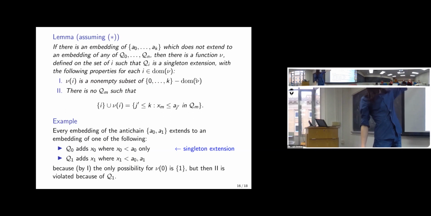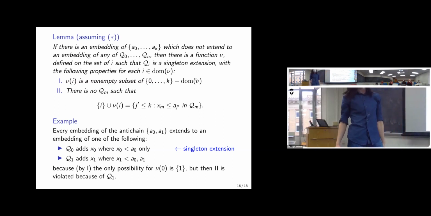By point number one, what are the possibilities for nu zero? Nu zero has to be a non-empty subset of the set 0, 1 minus the singleton 0. In other words, it's a non-empty subset of the singleton 1. So the singleton 1 is the only choice for nu 0.